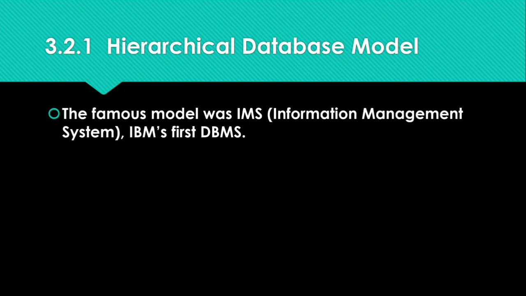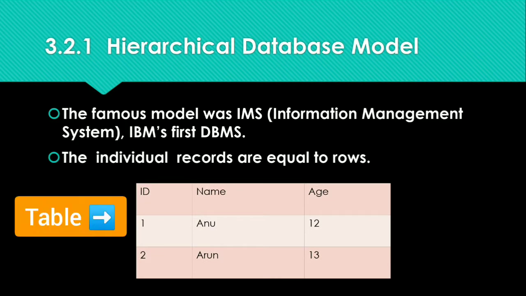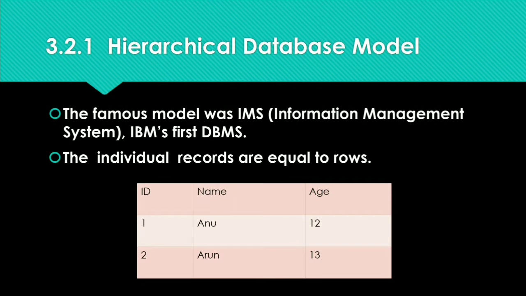This was a model developed by IBM, and the famous model was IMS, that is Information Management System. In this model, every individual row was treated as one individual's record. Let us look at this table. We have 3 rows and 3 columns. Now look at the first row.